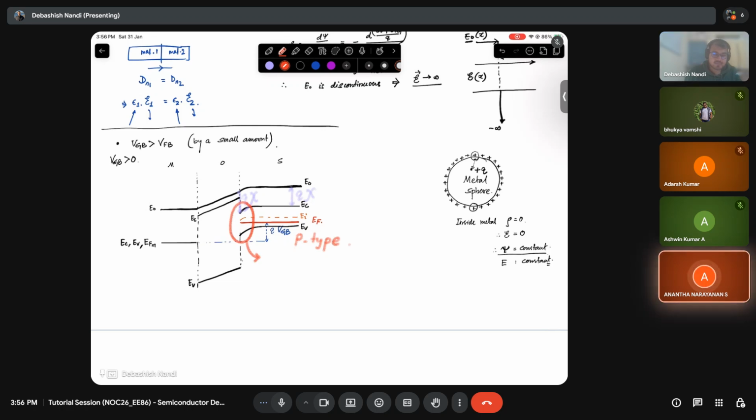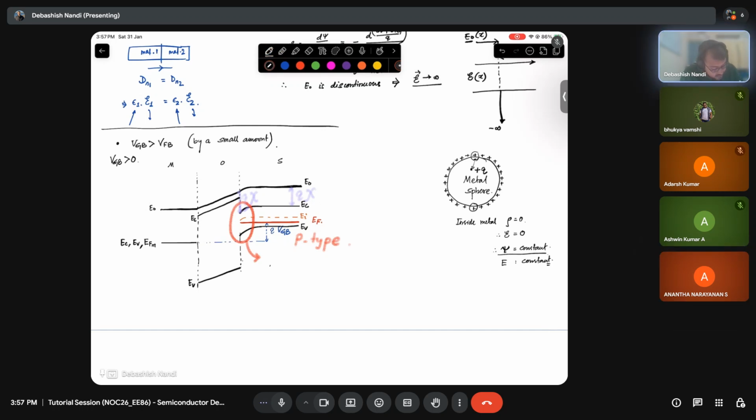EI will lie above EF in our case, right? So it is still P type. The interface is still P type, but let's say weak P type.